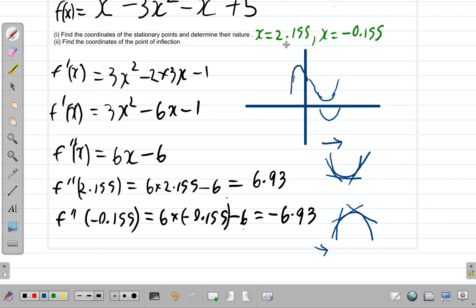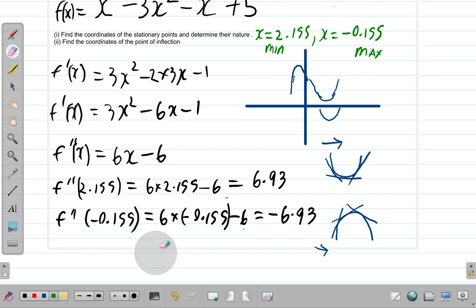Alright, so here we can say that the stationary point that is located at x equals 2.155 is a local minimum point, and at negative 0.155, it is a local maximum point. Alright, so that's what we have.